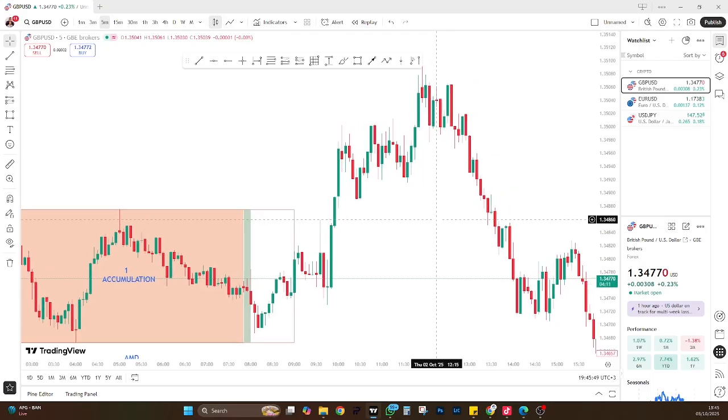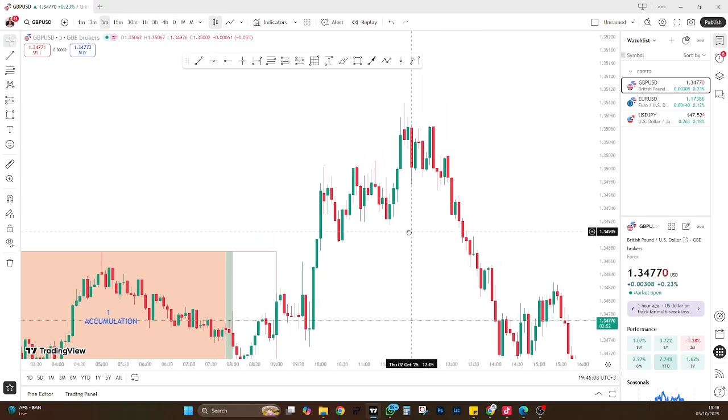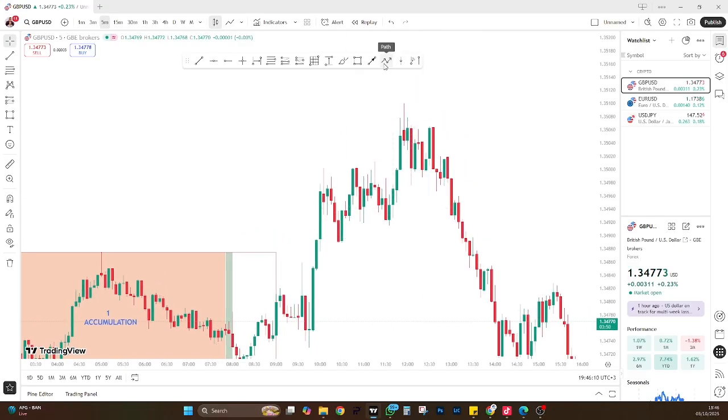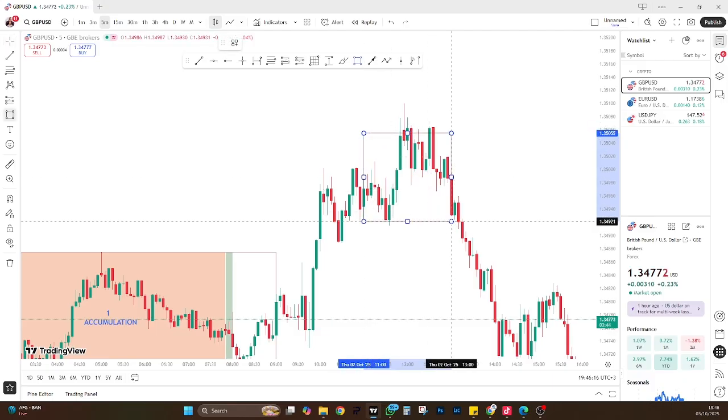So we will look at what happened at exactly 1 p.m., between 11 and 1 p.m. Can you see? This is 11 and this is 1. So look at this move here. Where is 11? 11 to 1.